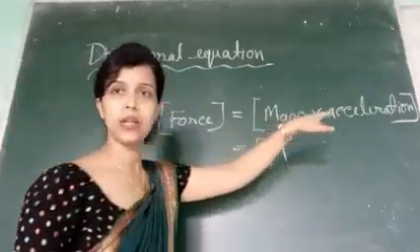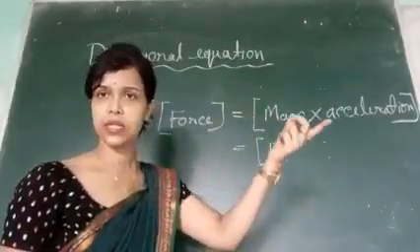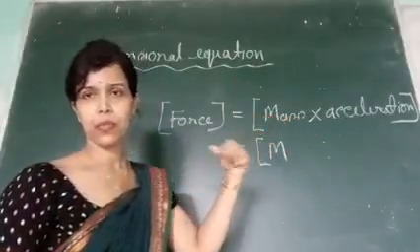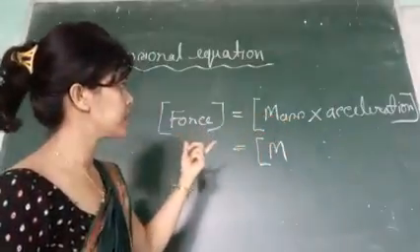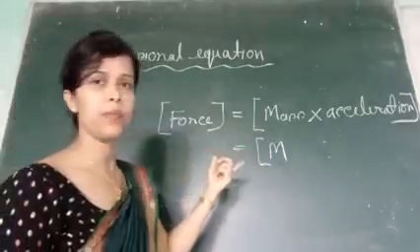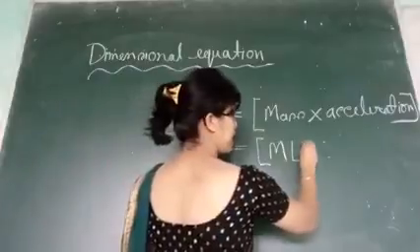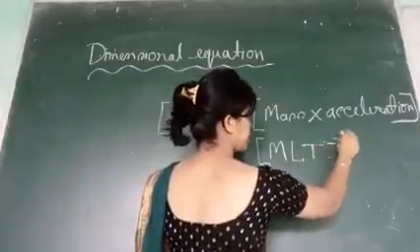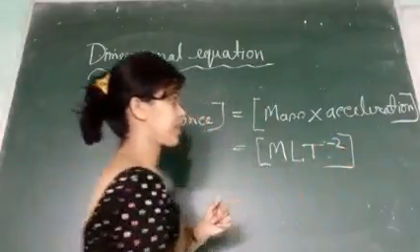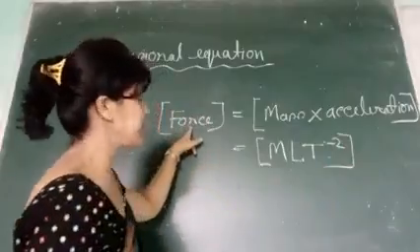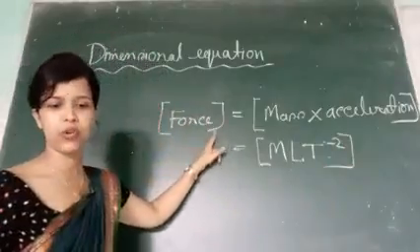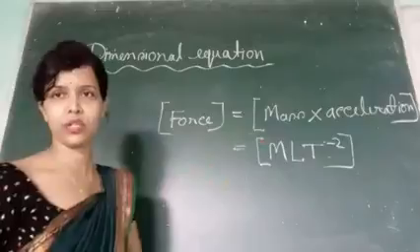M. Acceleration is the rate of change of velocity, so we get L t to the power minus 2. So what is the dimensional relation for force? Force will be M L t to the power minus 2.